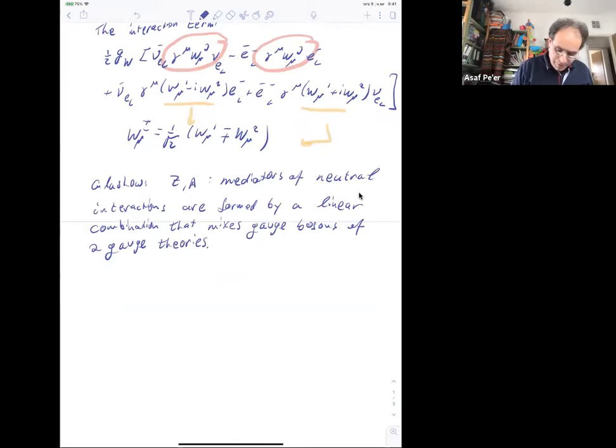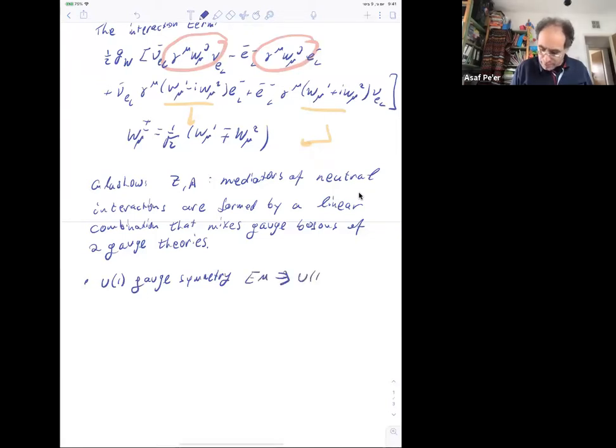So we have a U(1) gauge symmetry of electromagnetism that is being replaced by a U(1)_Y, again a local gauge symmetry, what's known as a hypercharge.